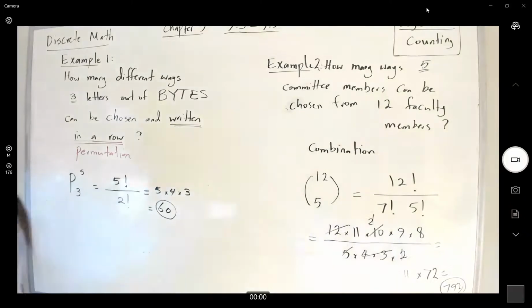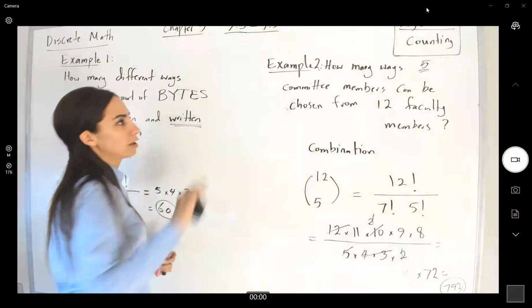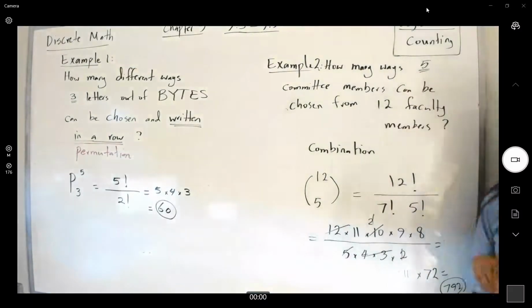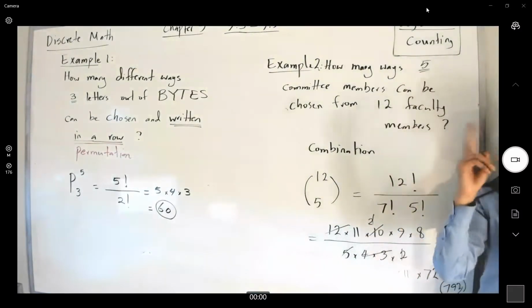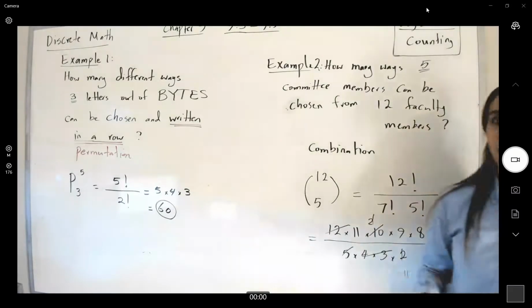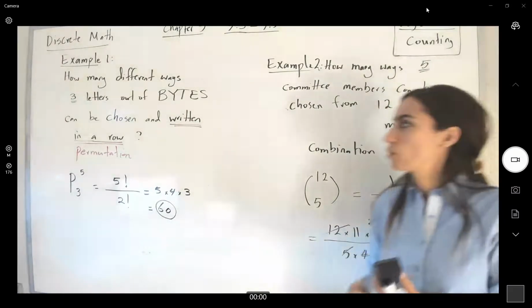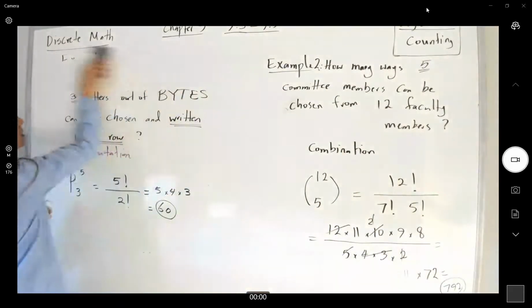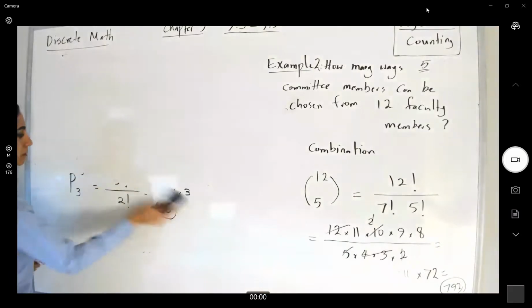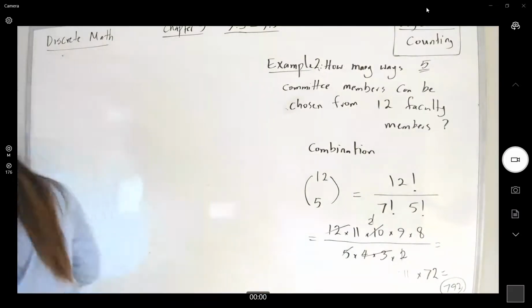Suppose out of these 5 committee members that you're trying to form out of 12, 2 of the faculty members in this collection insist on working together. You're the person selecting those faculty members.